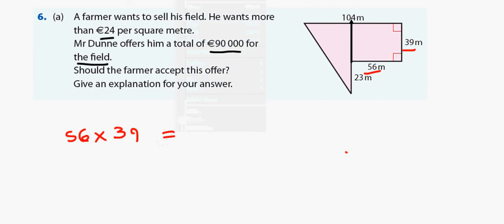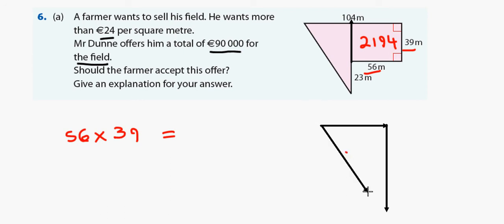Now the next one is the triangle, and we've got to figure out the sizes of the triangle. Okay, so the triangle, we can see that's 39 and 23. So 39 plus 23 will give us the height of the triangle. So 39 plus 23 gives you 62.